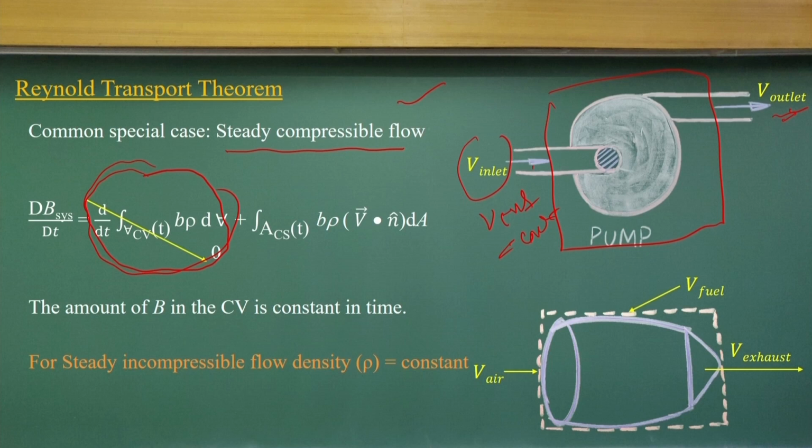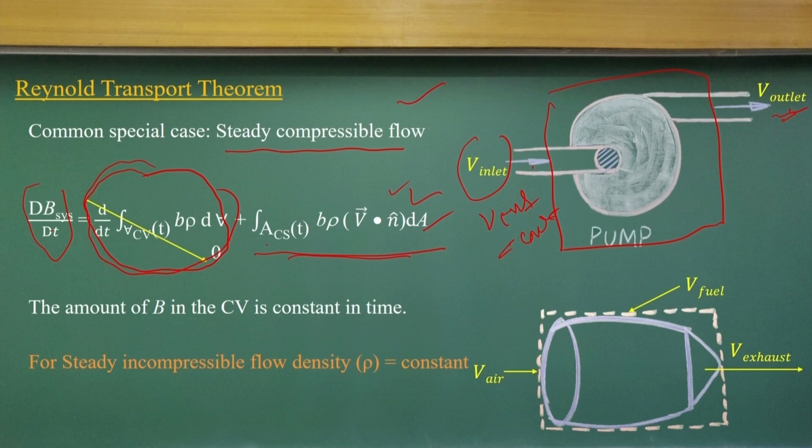If it is that, then dB by dt of the system is equal to this part, which is just a surface integral to solve how the system is changing at the control volume level. That is the simplification if you use steady flow.